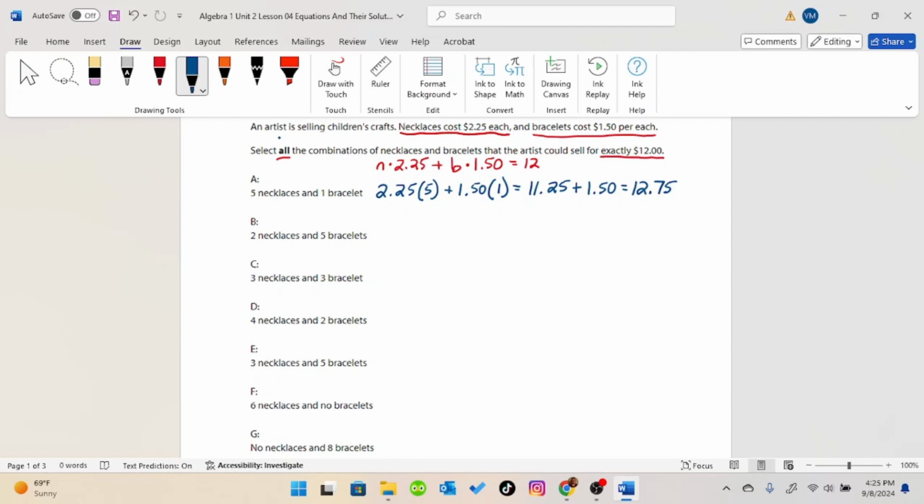That is not 12, so A is not a possible combination.